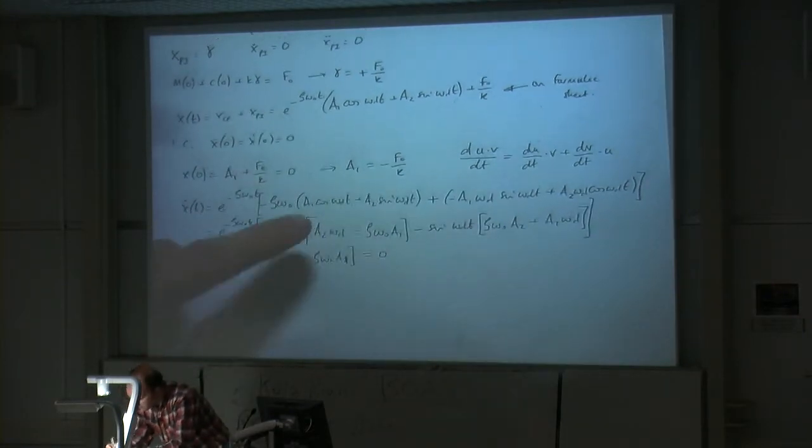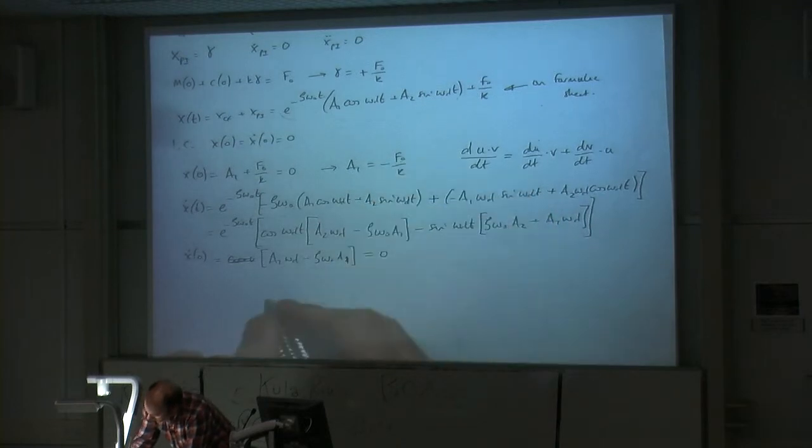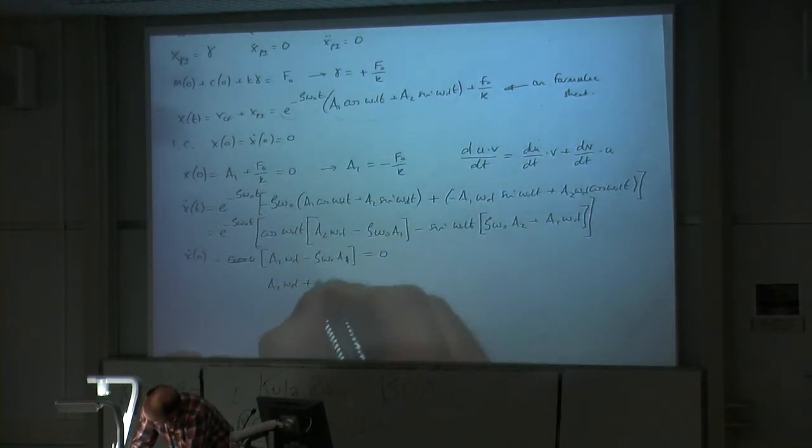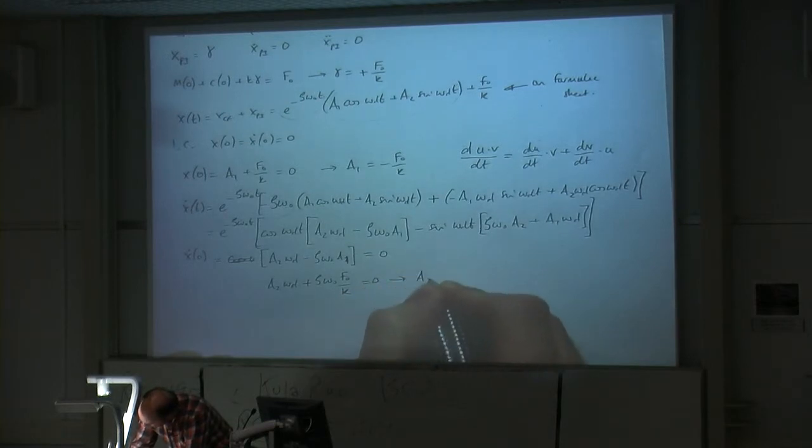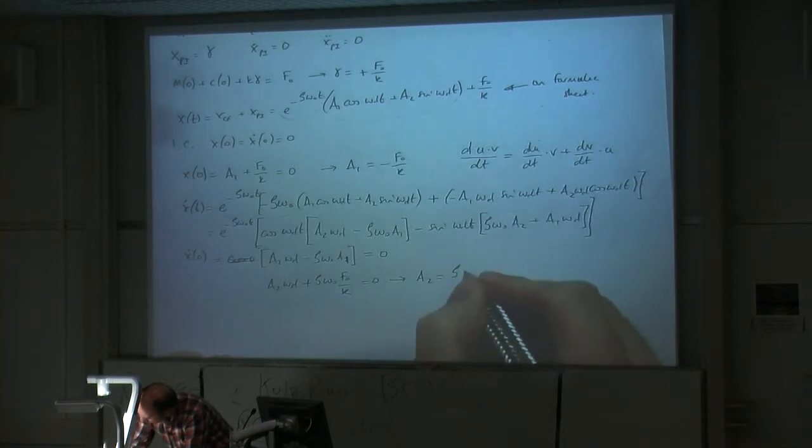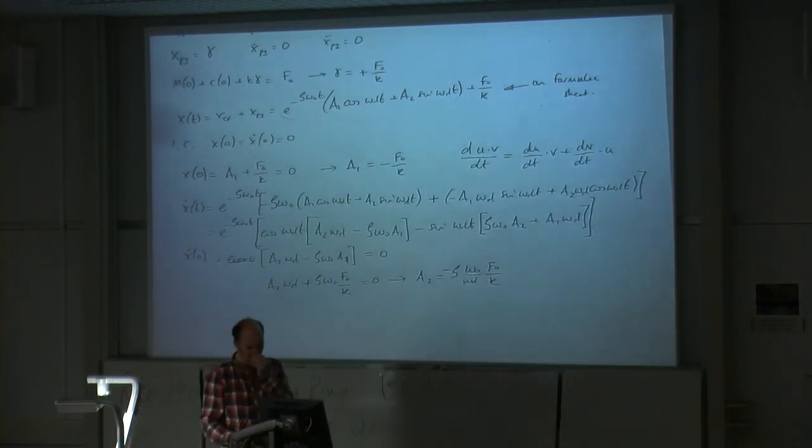Now we found a1, that's minus f naught upon k, so we have a2 omega d plus zeta omega naught f naught upon k equals 0. So therefore a2 equals minus zeta omega naught divided by omega d, times f naught upon k, with a minus sign because it's moved to the other side.